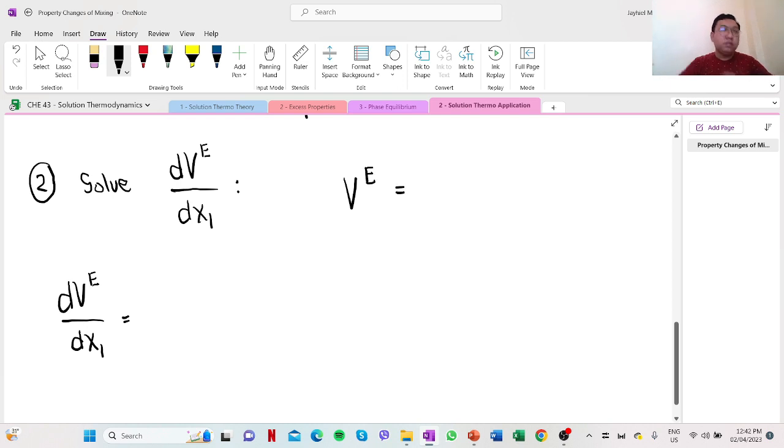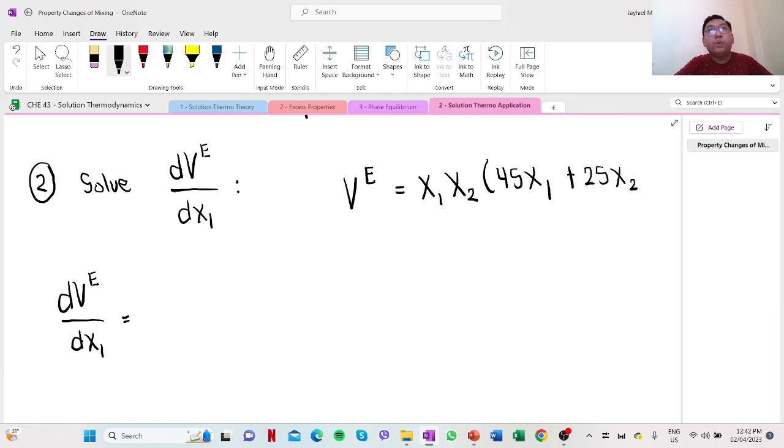I have this here in my scratch. We have 45 x1 plus 25 x2, so we need to get the derivative of this one. I did some minor manipulations in the equation. I distributed the x1 and x2 on the outside into the two terms inside the parentheses.